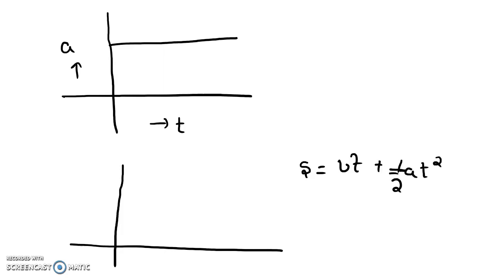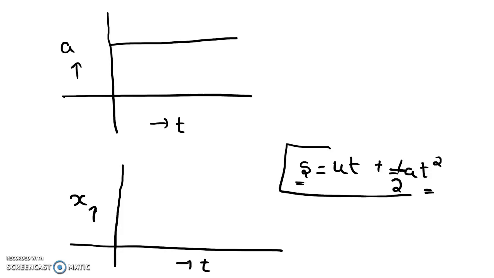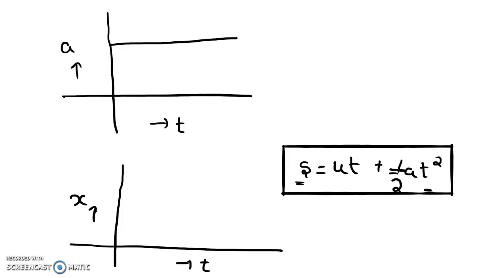Can you see the relation between s and t? It's a quadratic. So the graph of displacement versus time is a quadratic one, and it depends on A, whether A is positive or negative. It would be a parabola in all cases, because it is a quadratic relation. It can be like this or it can be like this, that depends on the value of A. But it would be a parabola.